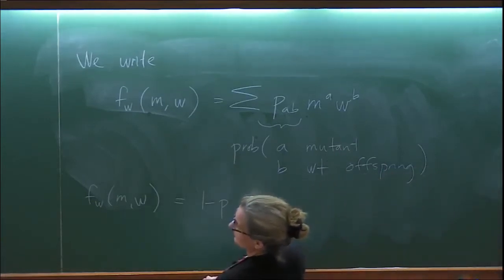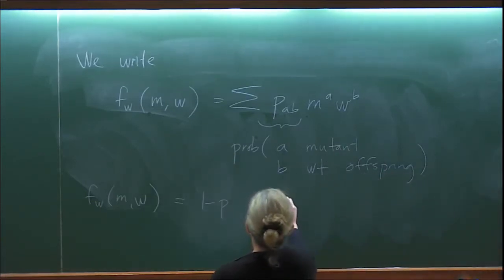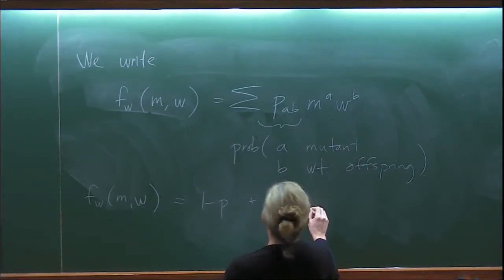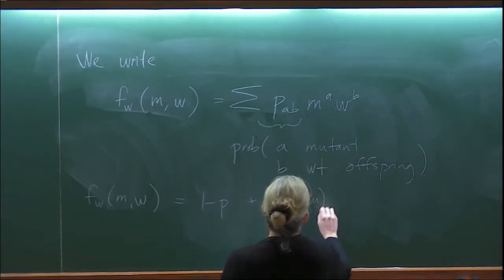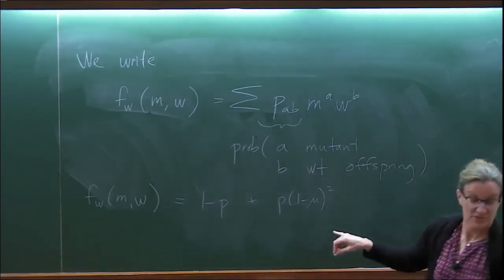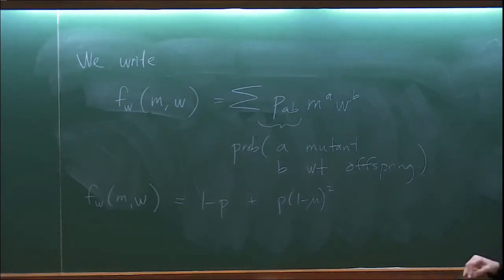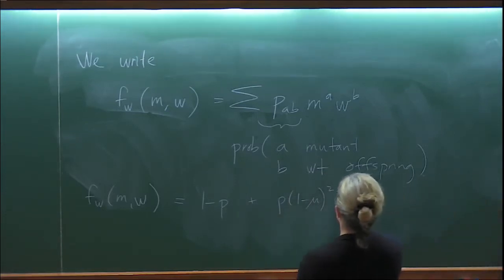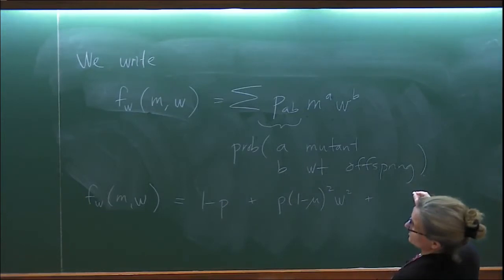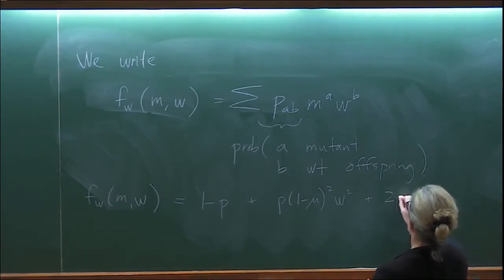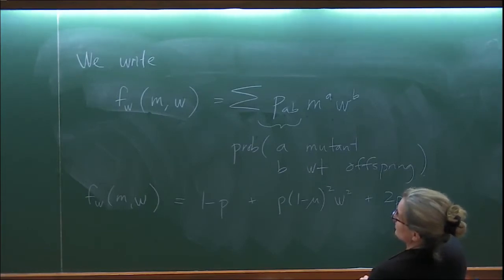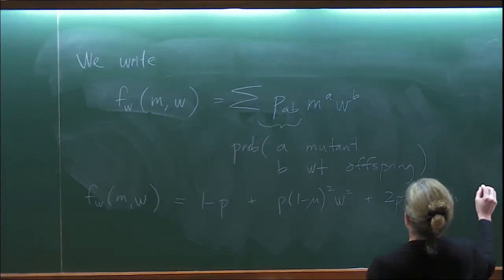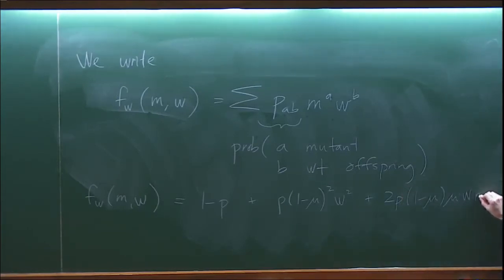And then we'll have the p(1 minus mu) squared coefficient of, yeah, beautiful, etc. I guess we'll put them all up here. 2p(1 minus mu)mu, Wm, and p mu squared.